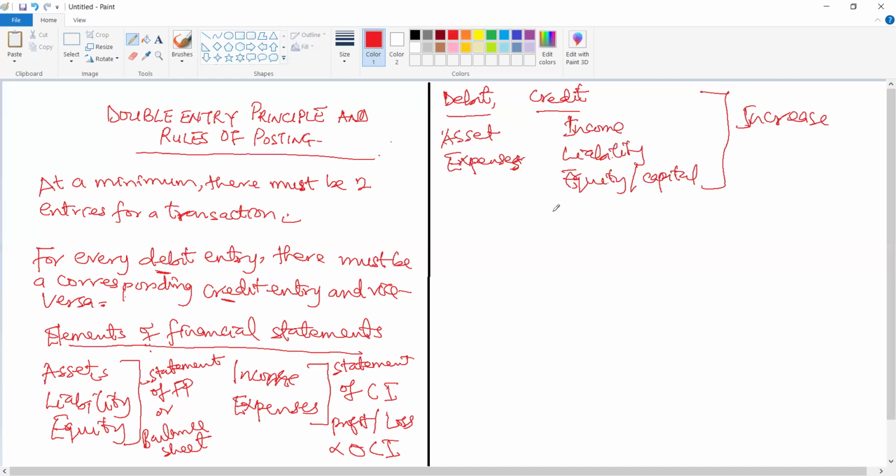Why for the decrease? Credits will decrease our assets, it will also decrease our expenses.